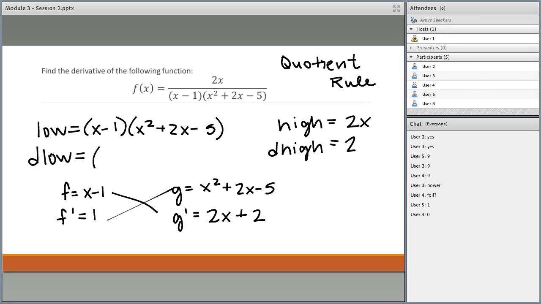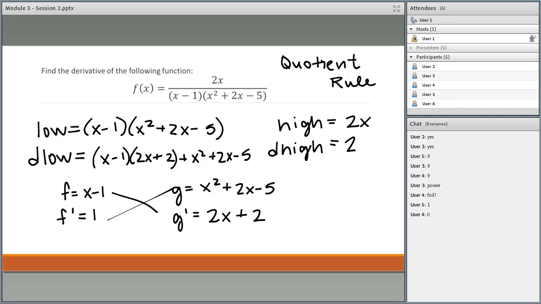So I have x minus 1 times 2x plus 2, and then plus 1 times, and I'll just leave the 1 off, plus x squared plus 2x minus 5. And that is technically times 1, and you can write the 1, we just don't need to.